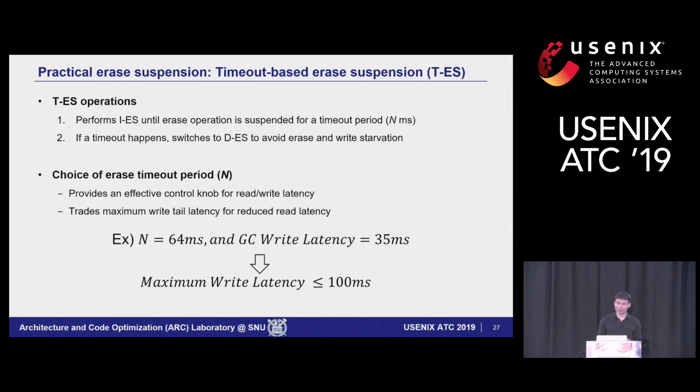The timeout value is an effective latency control knob per user. For example, if we set the value to 64 milliseconds and the garbage-collection-induced write latency is 35 milliseconds, then the maximum write latency remains under 100 milliseconds.